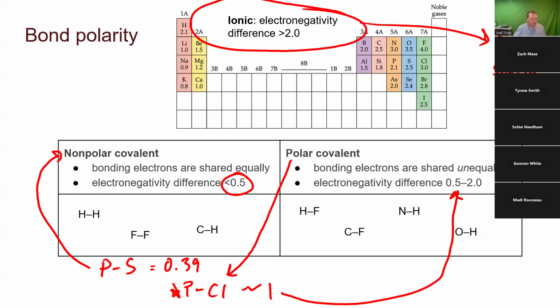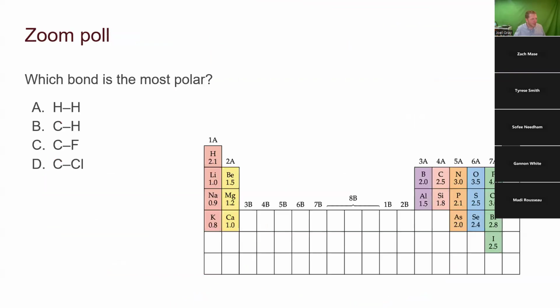Now, with that, let's go ahead and open up our last poll question for the day. And this is where we are going to stop for today. We'll pick up the rest of this on Tuesday and integrate this as a part of your exam.